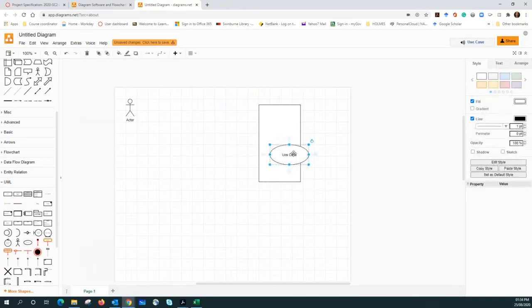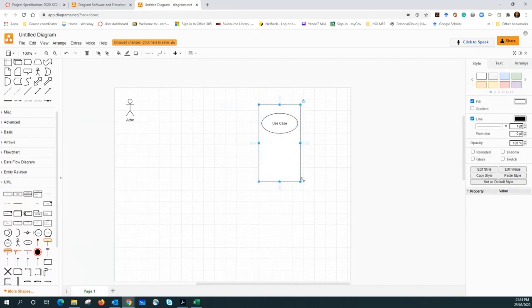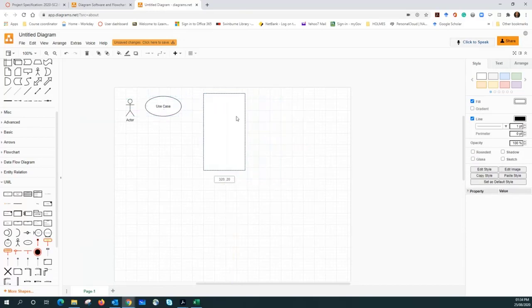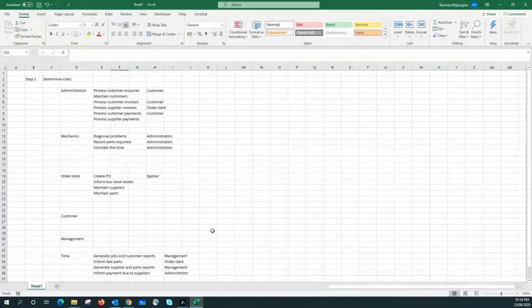Let's see. No, now it's okay. Yeah, so this is how we can design. You need to play with it and see how it goes. And then we can actually use the same. All right, now let's draw the diagrams.